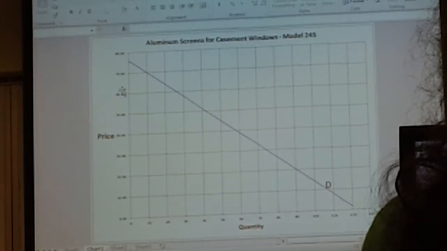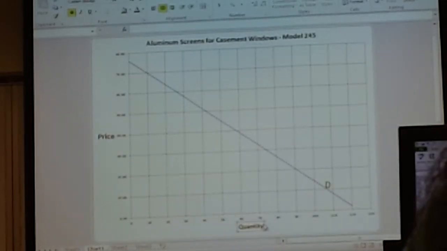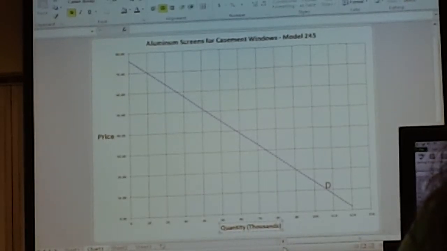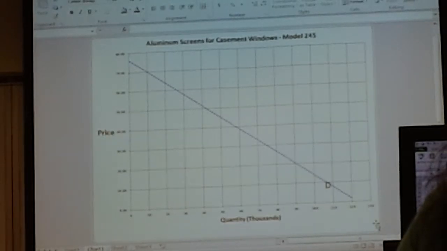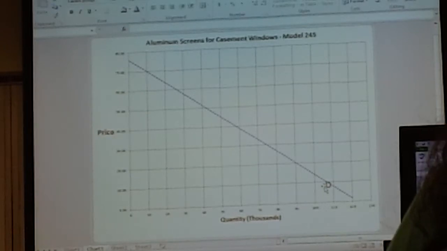Well, we can see, if we give out a price of 70, we should also say the units are the quantity. So there we are.